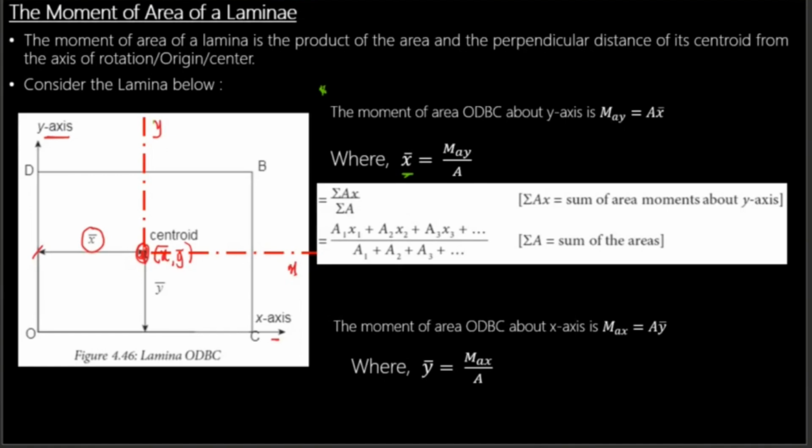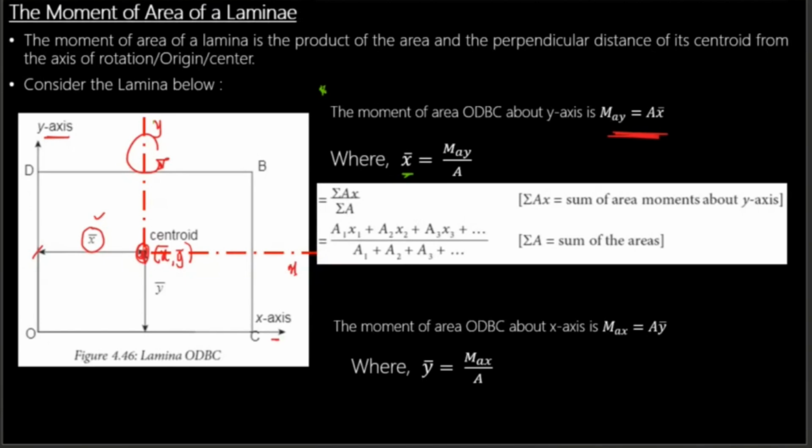If I want to calculate the moment of area of ODBC, it's going to be equal to the moment of area. This is the axis of rotation here. I want to calculate this distance. It simply means that this lamina ODBC is rotating about the y-axis. You can see the rotation symbol there.